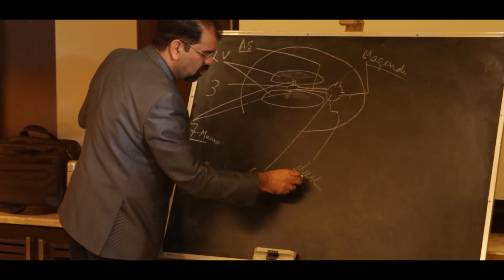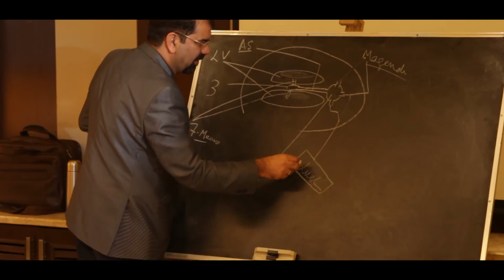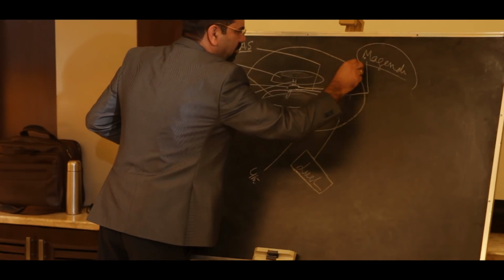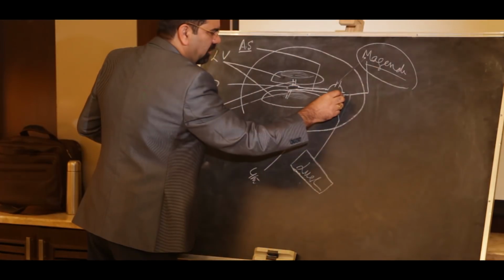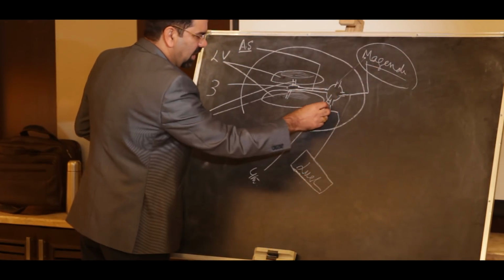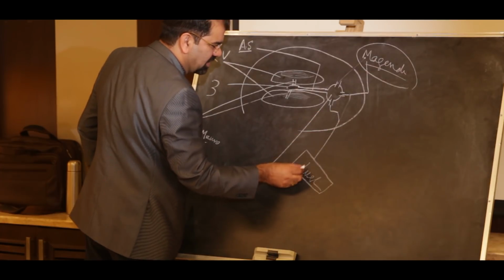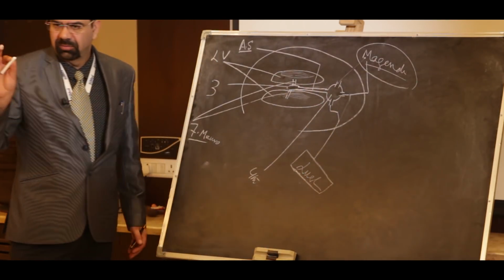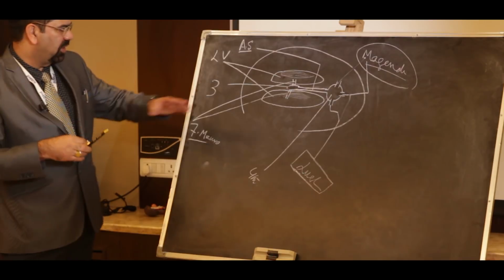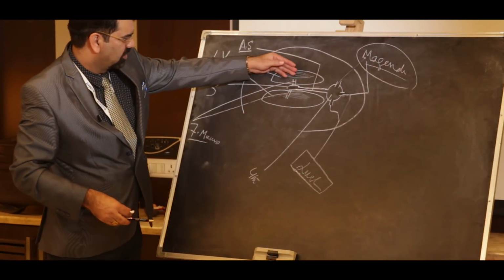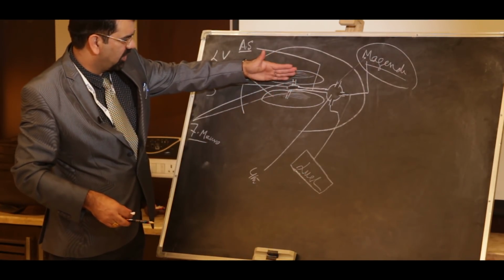So, I will be having two lateral and only one medial. This is Magendie, the medial one, and this is the Luschka, the lateral one. So, how many Luschkas am I having? 2.